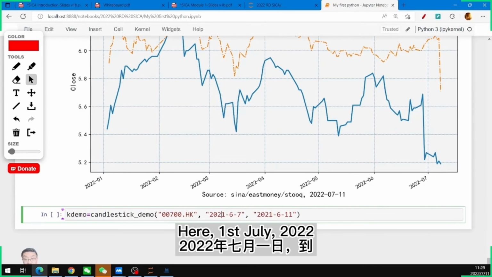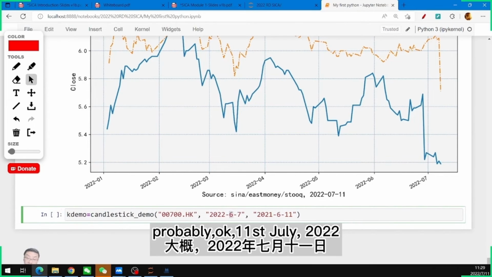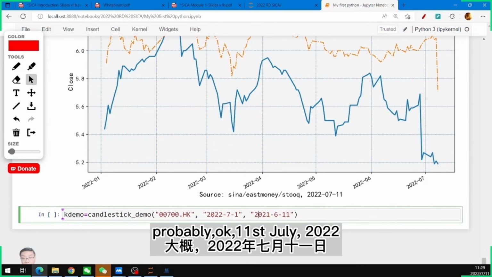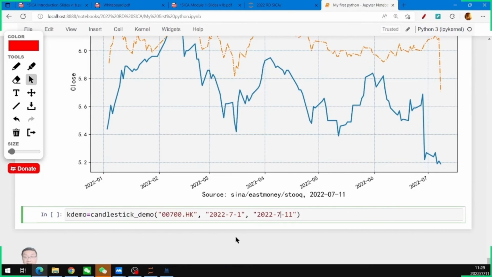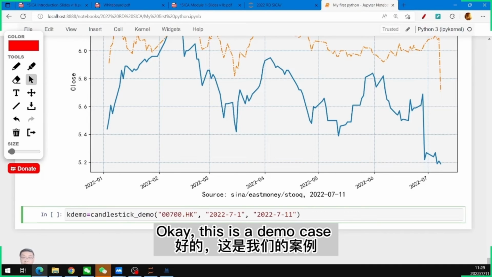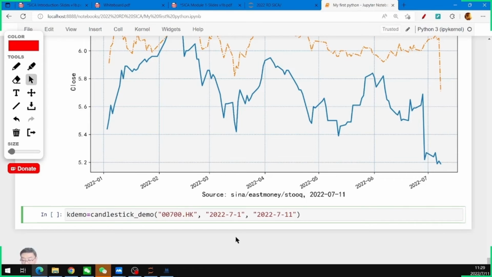And here, 2022, probably okay. The 1st to 2022 July the 11th. Okay, this is a demo case for show you how the K-lines works.